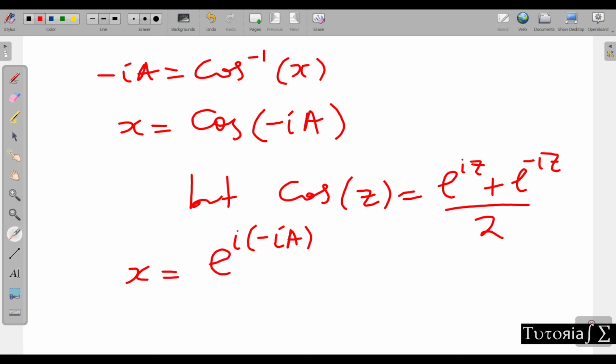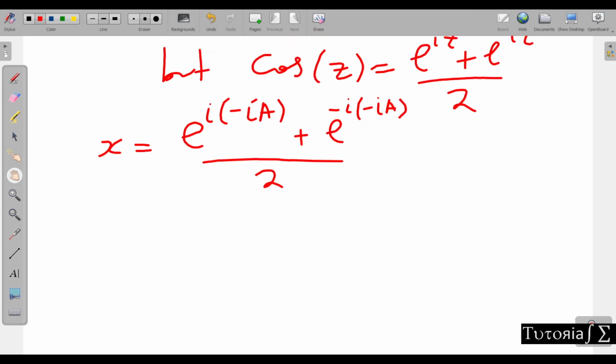Okay, this whole thing is z, so we're just replacing the z here, then plus e to the negative i, then negative i all over 2. Are we following?